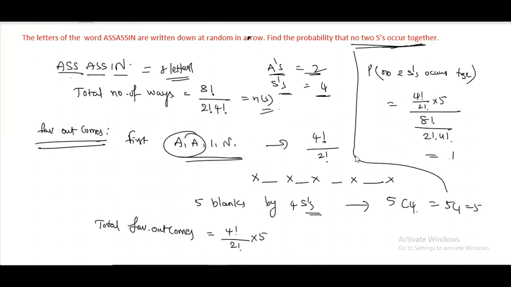If you simplify this, we will get 1 by 14 as the answer. So this is the probability of no two S occurring together when the letters are written down in a random row.